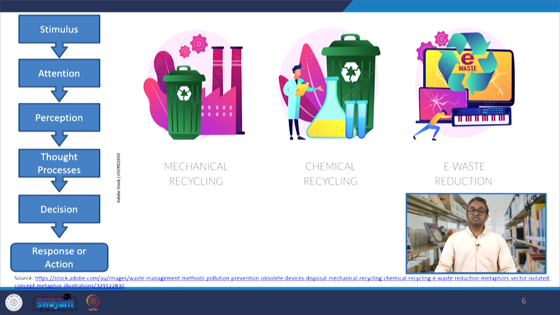So thought processes start, decision making has to be made, and accordingly we make a response. Now these stages are very simple. It seems we have oversimplified this process, but human cognition is more complex than this.